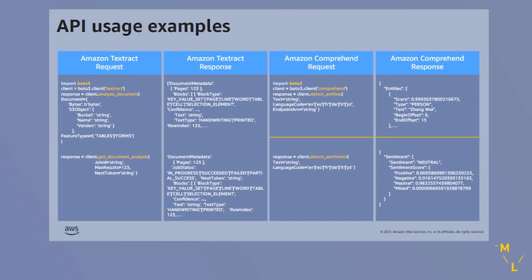And then if you look at Amazon Comprehend, we have a couple of examples provided here. Of course, please do refer to our documentation if you want to look at more examples of how to use APIs with Comprehend. But you can detect entities, you can detect relationships in text, you can detect the sentiment of text, and you can detect, for example, grammar as well as the language that the text is comprised of.